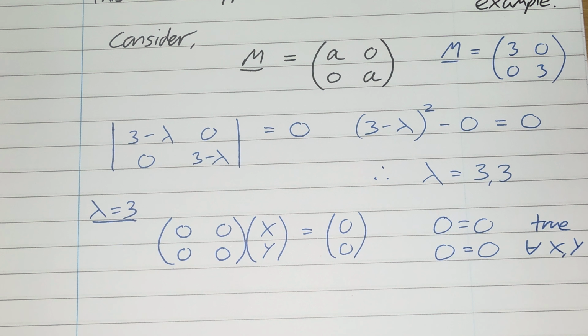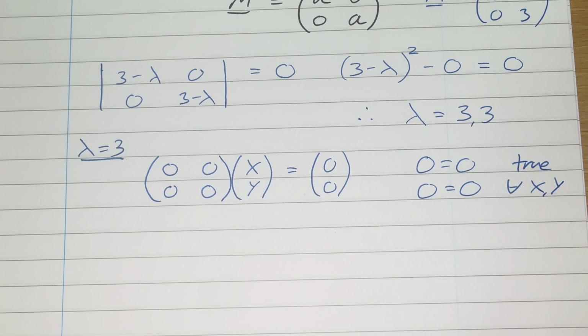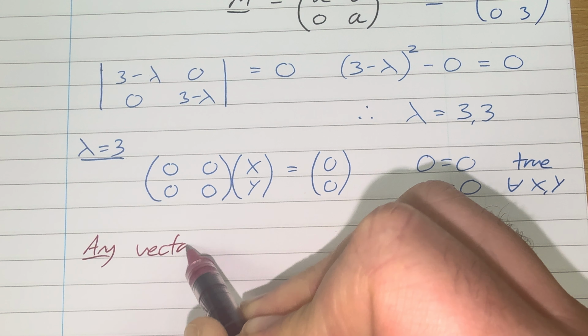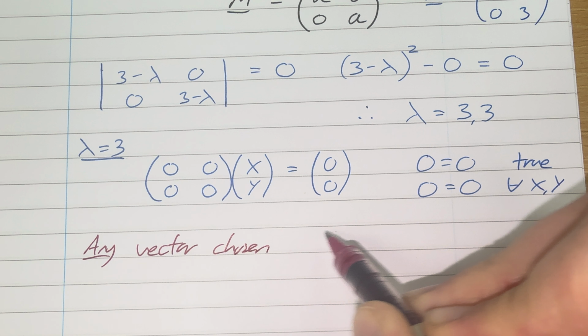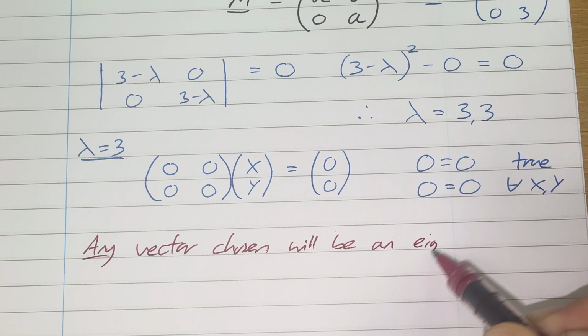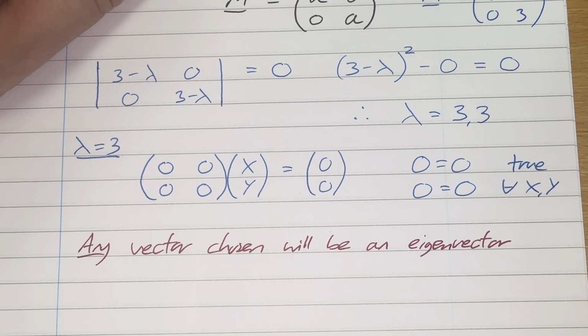Therefore, there are infinite eigenvectors because any vector you choose will satisfy those two equations because x and y don't come into it. So any vector chosen will be an eigenvector, except for the null vector. We don't include that in this list.